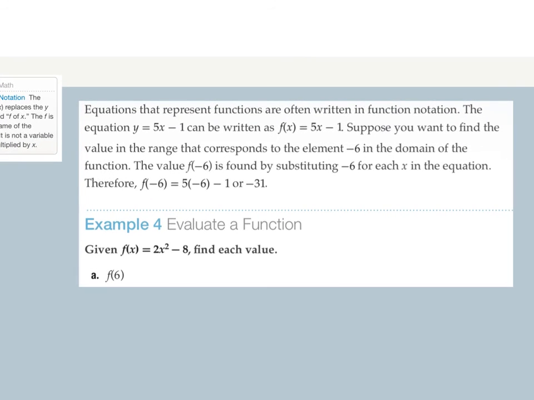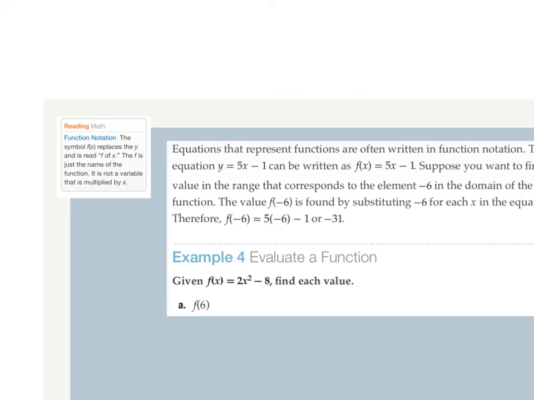Okay, so here we have equations that represent functions, and we need to find out how to evaluate the function. Equations that represent functions are often written in function notation. The equation y is equal to 5x minus 1 can be written as f of x is equal to 5x minus 1.